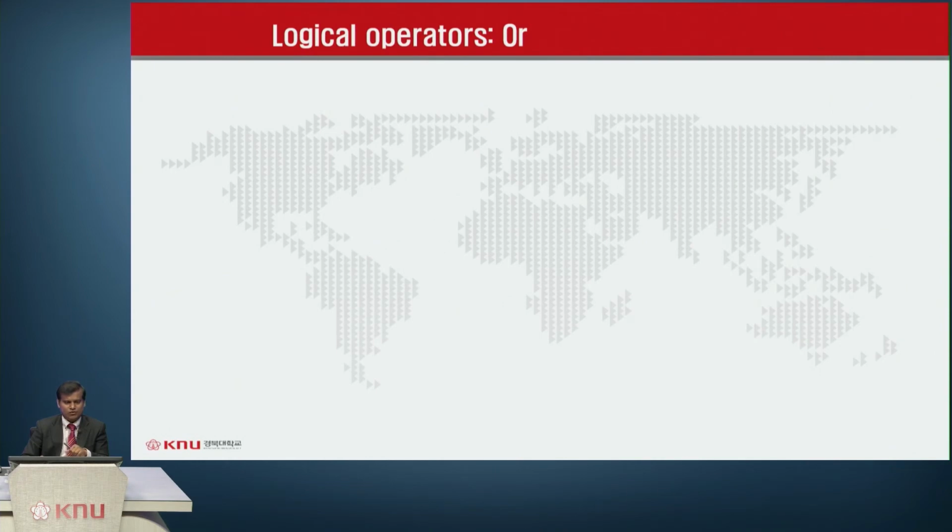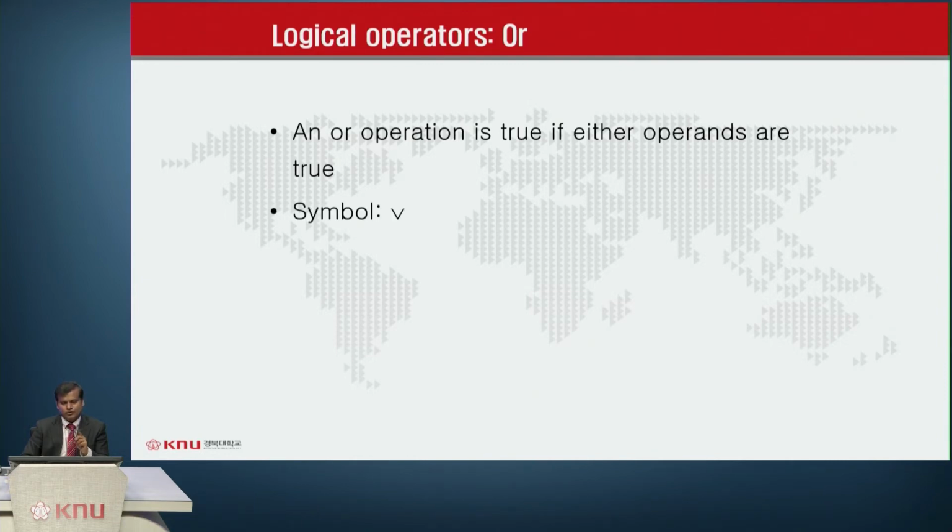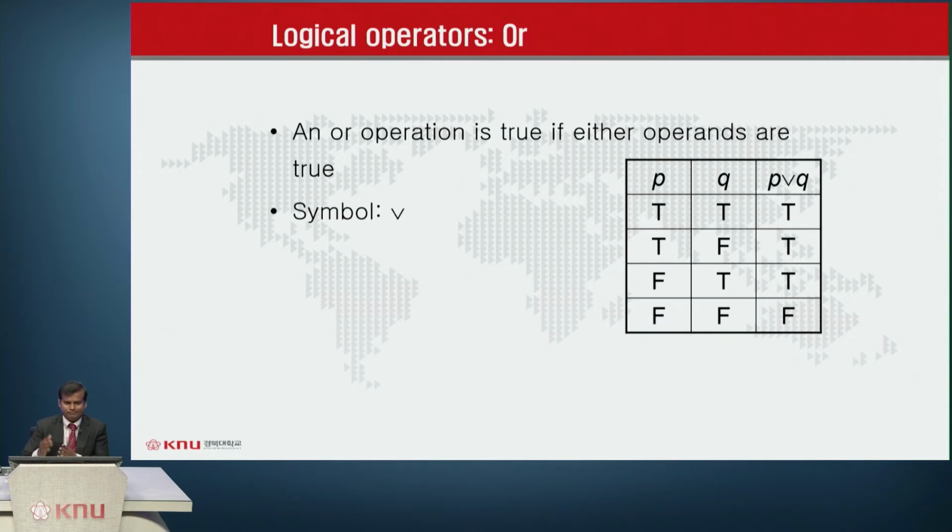Here comes the next one, which is the logical operator OR. An OR operation is true if either operand is true. So we use the logical symbol, which looks like a V, to represent the OR operation. Here is the truth table.